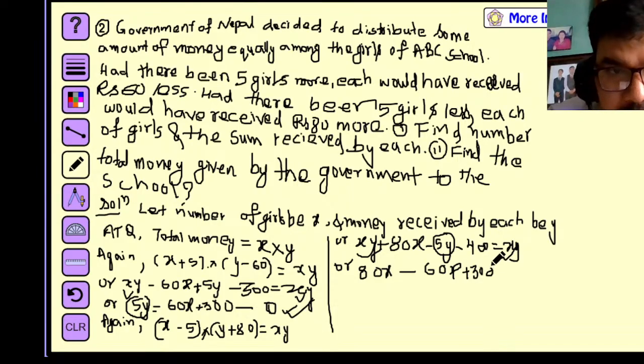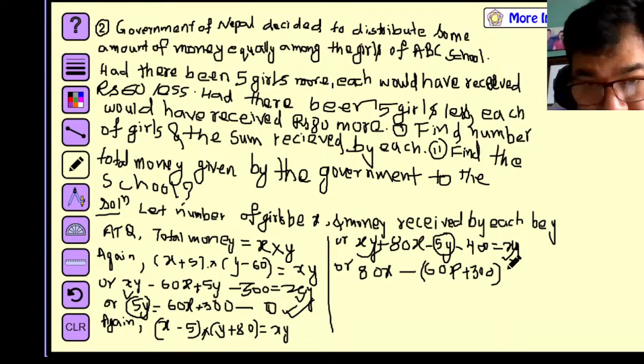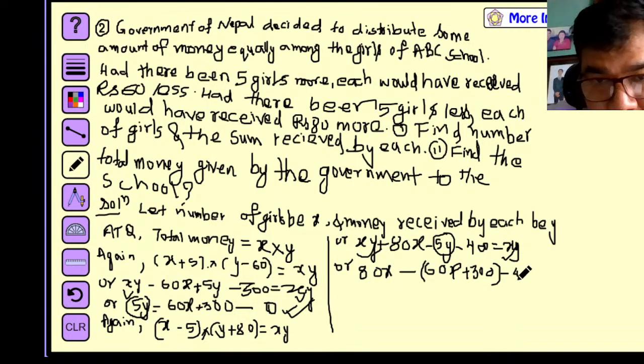Close this bracket, and after this 80x and the 5y value, there is also minus 400.